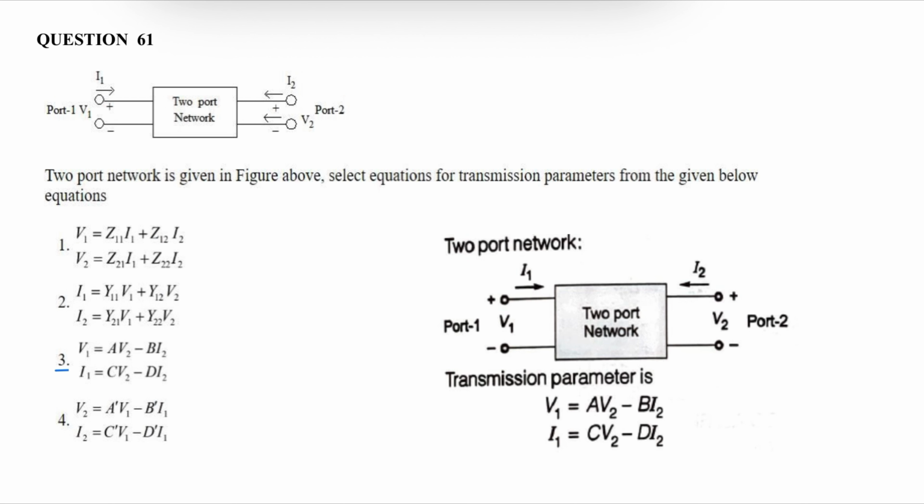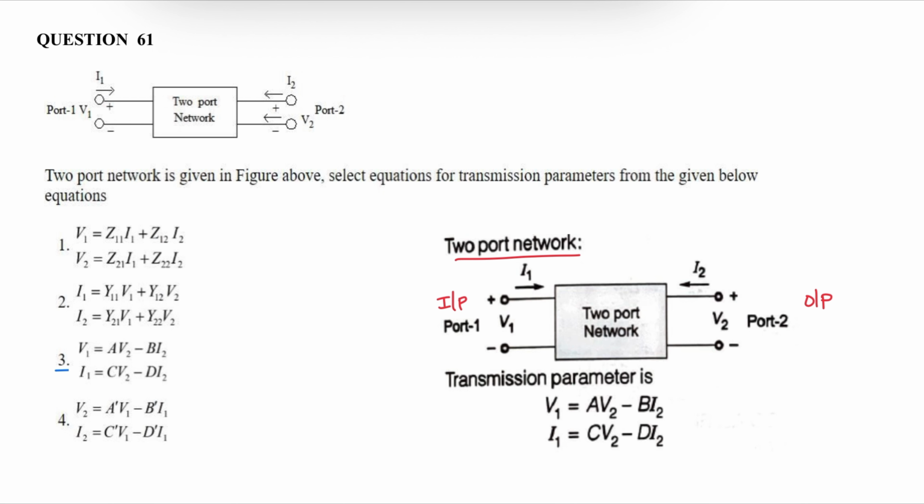Question number 61. Two-port network is given in the figure above. Select equations for transmission parameters from the given equations. So for a two-port network with port 1 as input port and port 2 as output port, V1 and I1 are input port voltage and current, V2 and I2 are output port voltage and current respectively.